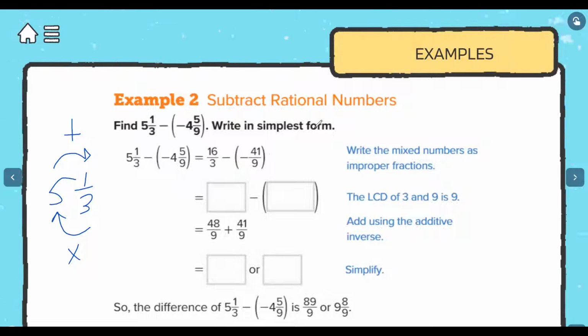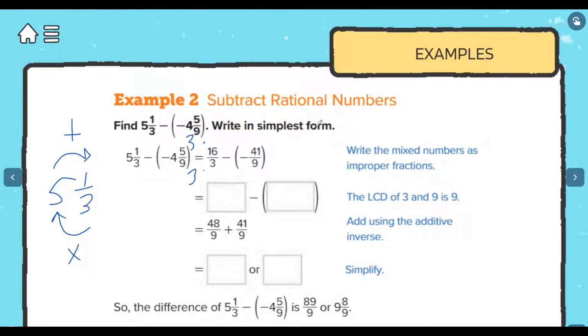What we need to do next, we need to change that sign. But we need to first find the least common denominator. Okay, if you see, we can turn this 3 into a 9 multiplying by 3. So I need to multiply both of the sides by 3.